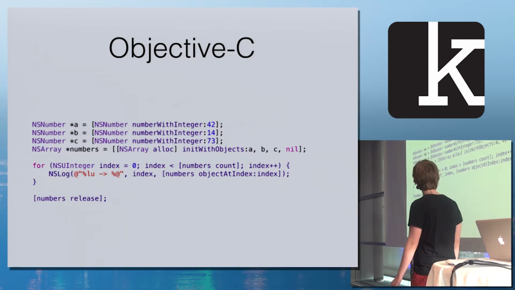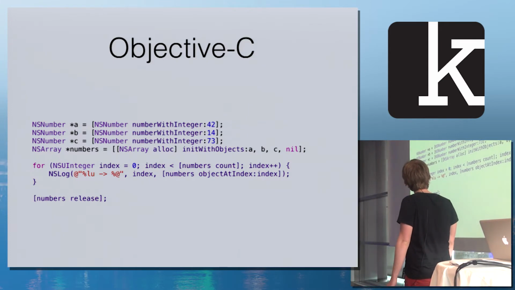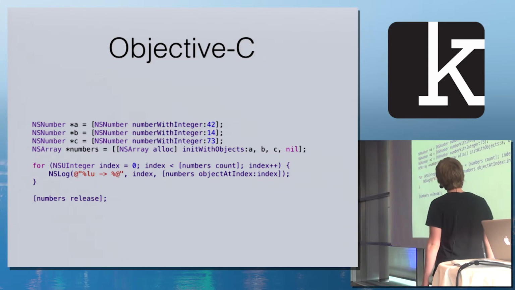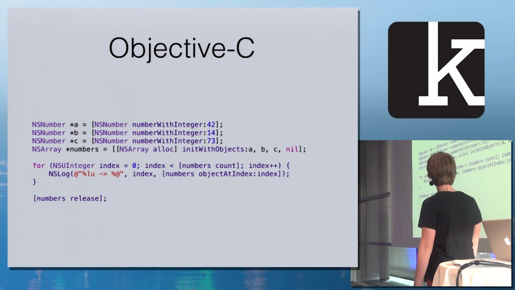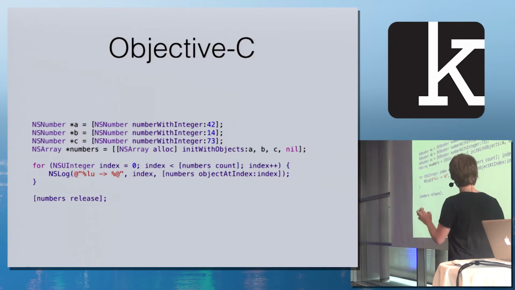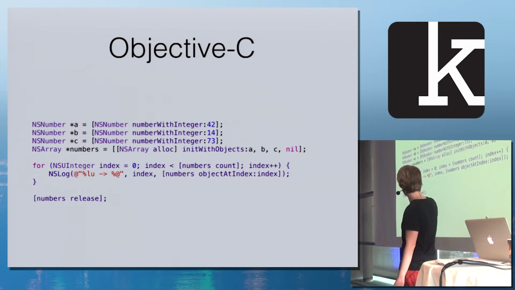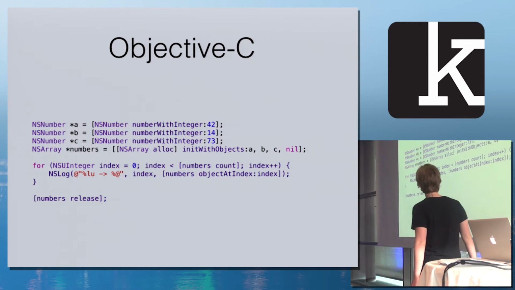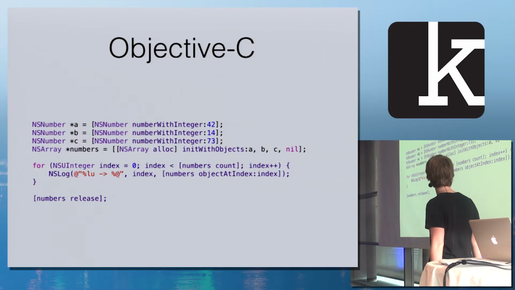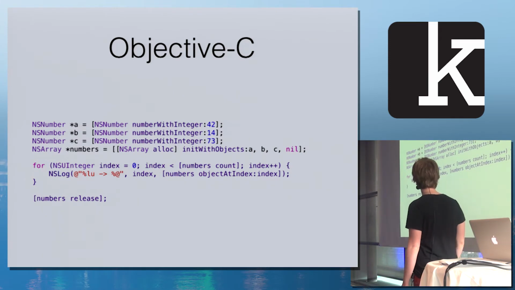So you have to send a message to NSNumber to get a number object, and you have an array. And you can only have objects in arrays, not actual numbers. So you have to box them all and then put them in an array. And if you make an array, you have to release it because it's like C, and you have to free memory. Also, we need to use a for loop.